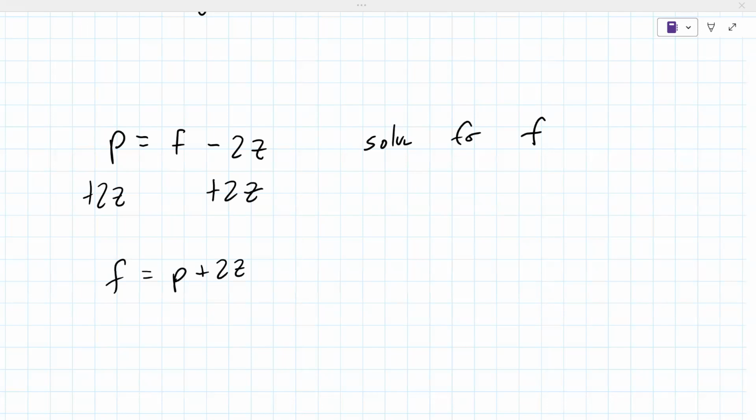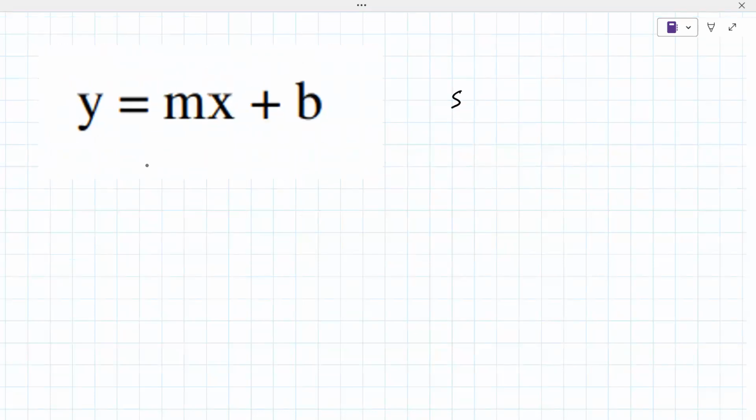Okay, here is one. All right, so I want you to solve this for B. Is it B equals Y minus MX?